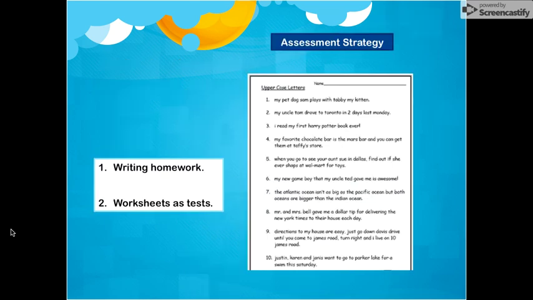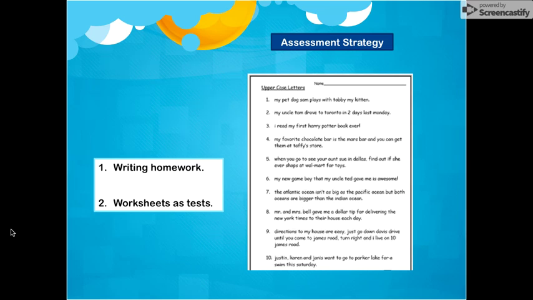For assessment, for everyday English writing homework, we do give out English writing homework every day. So if it's sentence writing, we can always check the use of upper and lowercase letters in their homework.